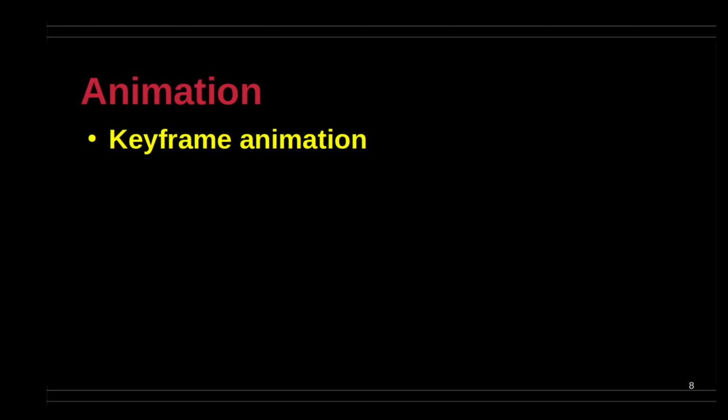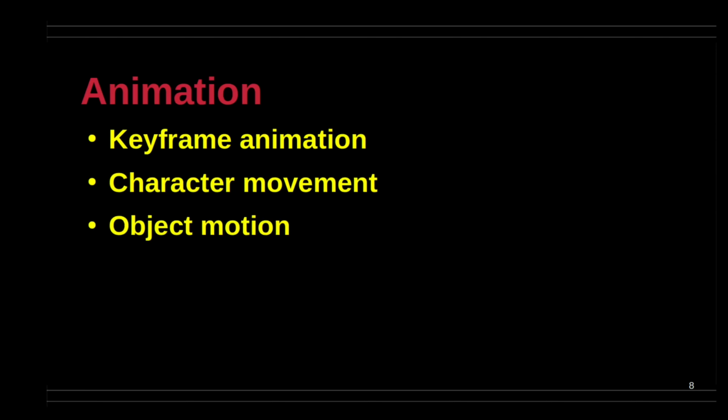Some basic examples of translation in animation are keyframe, character, and object. In keyframe animation, the translation of objects is performed between keyframes to create motion.